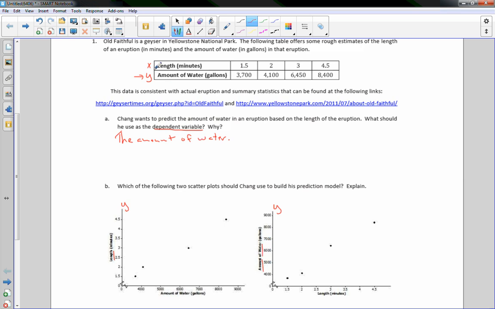So I want amount of water to be my y, and I want my length to be my x. Well, this one is reversed. They're saying the amount of water here is my independent variable, and the length is dependent, and we want it the other way around. So it would be this graph here, simply because of what is labeled x and y, or dependent and independent.